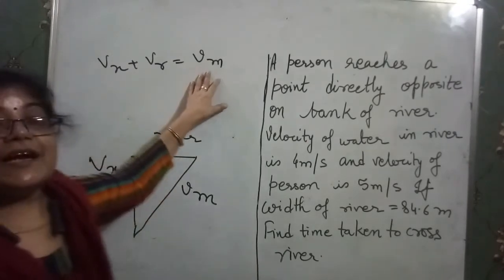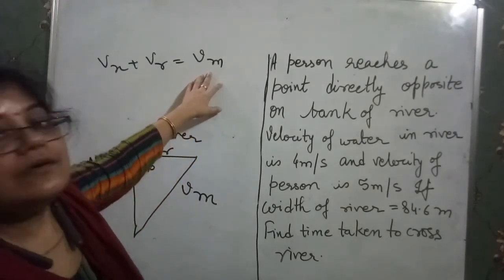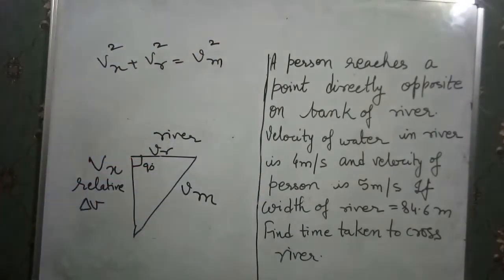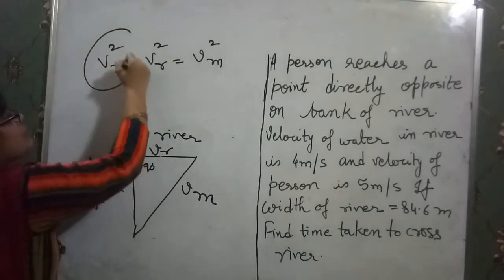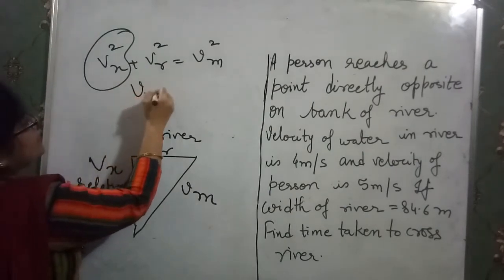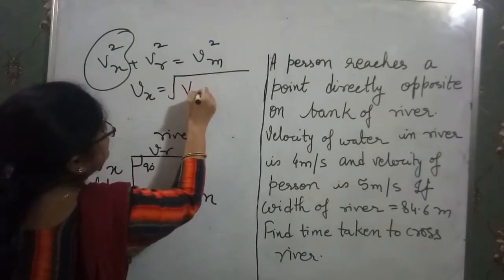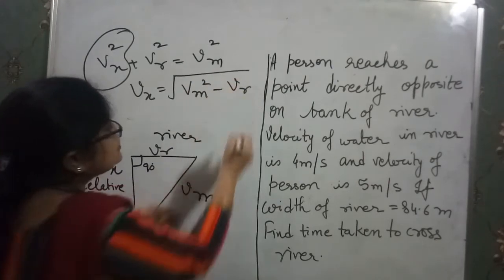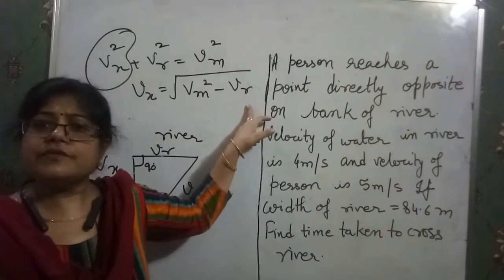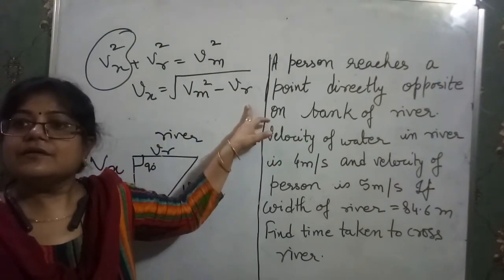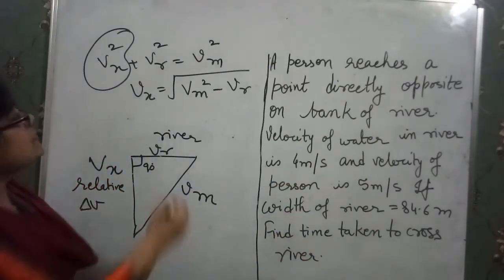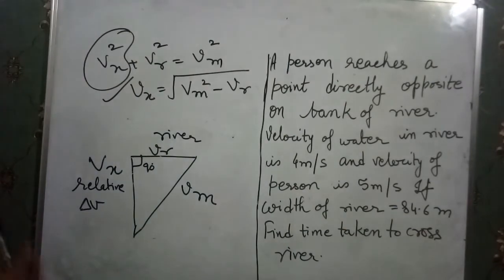That means the velocity at which the man is crossing the river. So from the Pythagoras theorem, we take the square of that. In the formula, we have to put this relative velocity. So in order to find Vx, we just take the square root of the man's velocity minus the river's. So we always subtract the velocity of the river from the velocity of the man. Clear? So if the question only asks for the net velocity with which the man crosses, we simply have to find that one and nothing else.